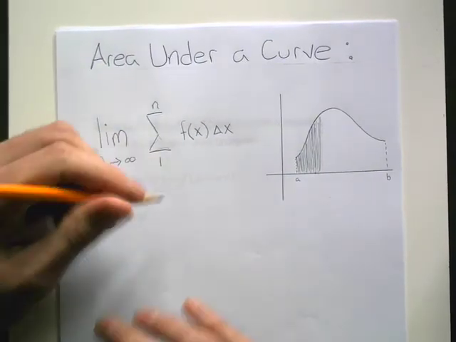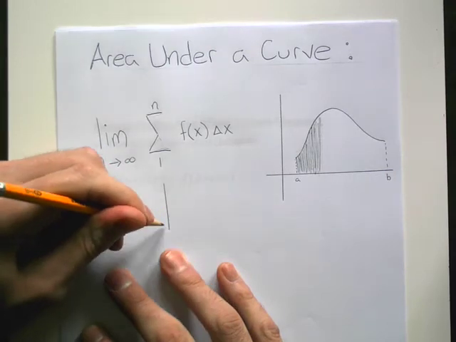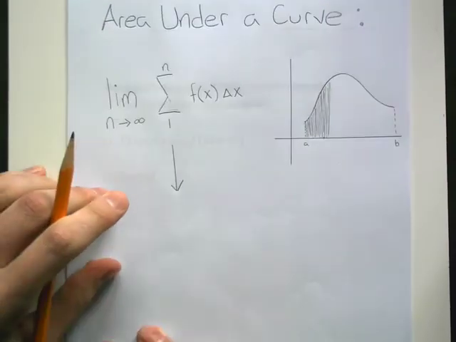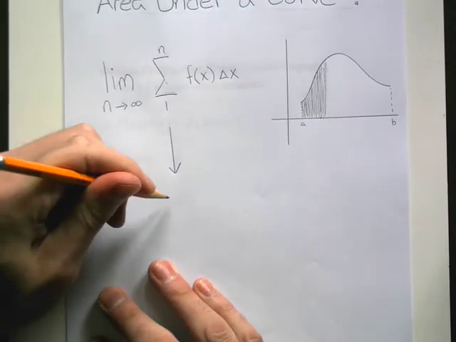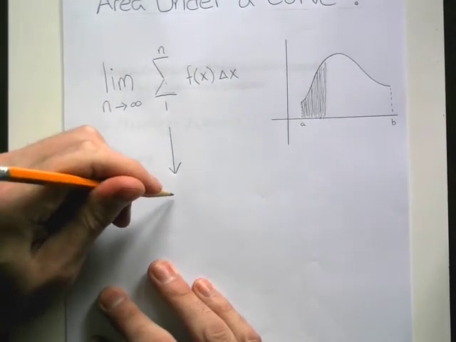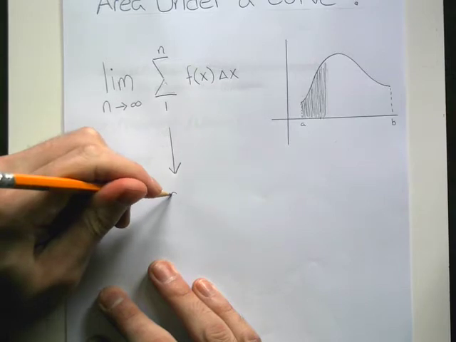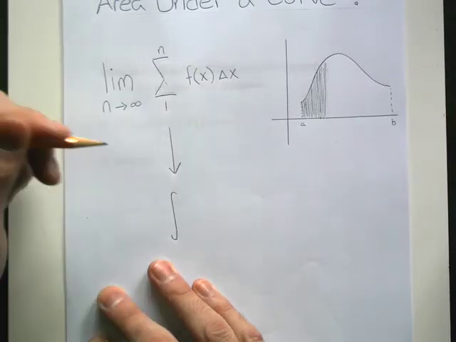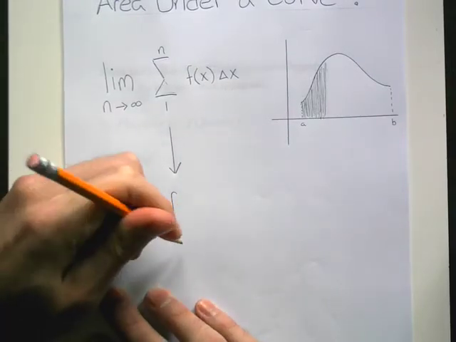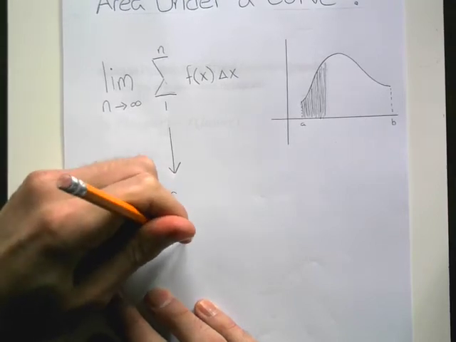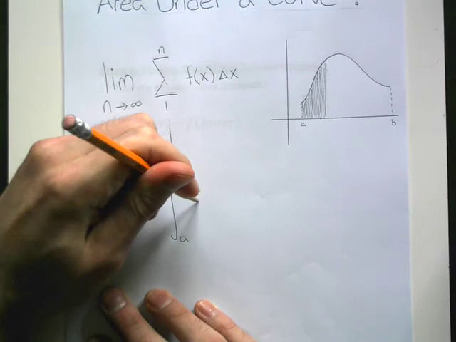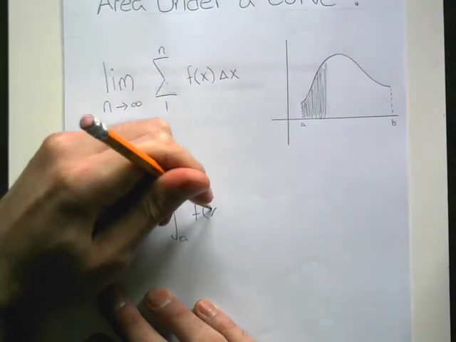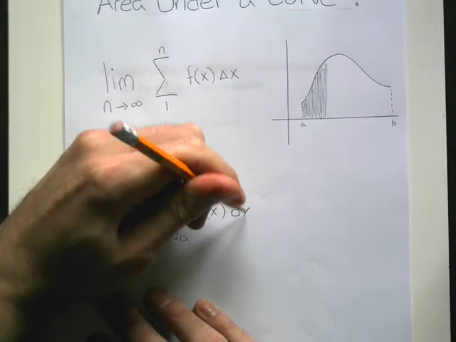Another way of writing this limit, and this is what we're going to use today and for the foreseeable future, is the integral, or the antiderivative, from a to b of that function, f of x dx.